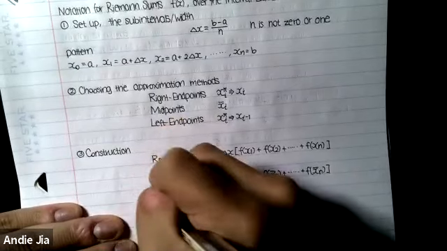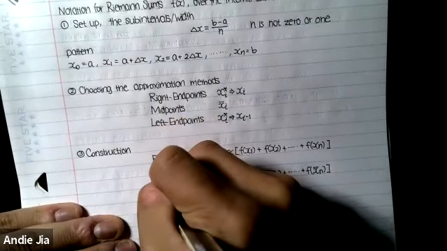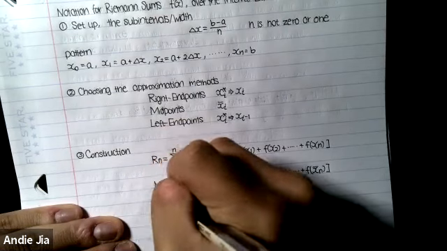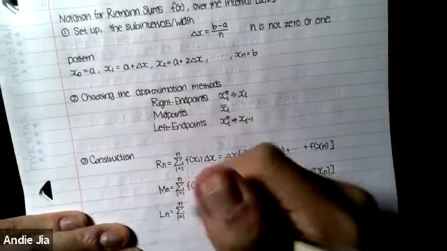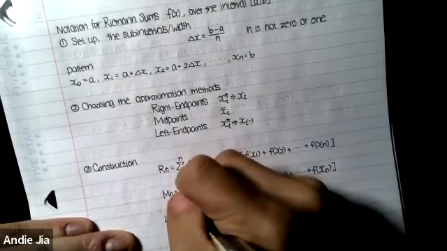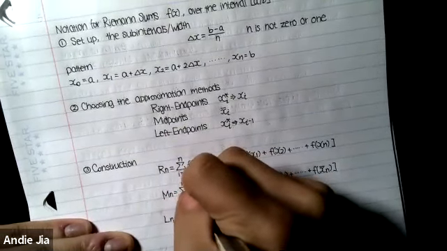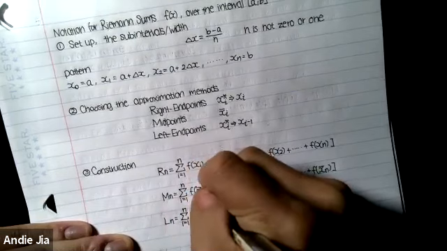Lastly, the left endpoint has its sigma notation: f of x_(i minus 1) delta x.